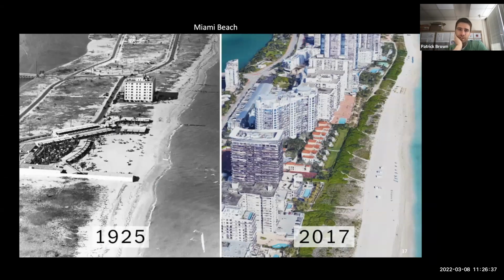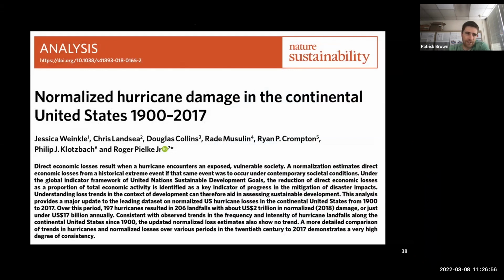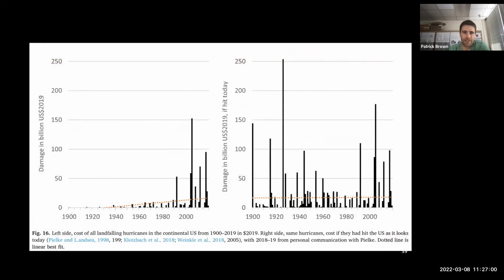We can see that in a picture like this. This is Miami Beach in 1925 and 2017. Of course you get way more damage when the same system hits the same location later in time. This is a paper that looks at that and takes the raw damage from tropical cyclones and then tries to correct, using various statistical methods, for the increase in how much value is at risk.